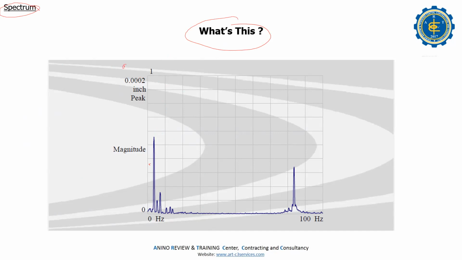This 0.002, that is 2 thousandths, right? This one is very small, maybe inches only. Ones, tens, hundreds, this is very low vibration. Very low.